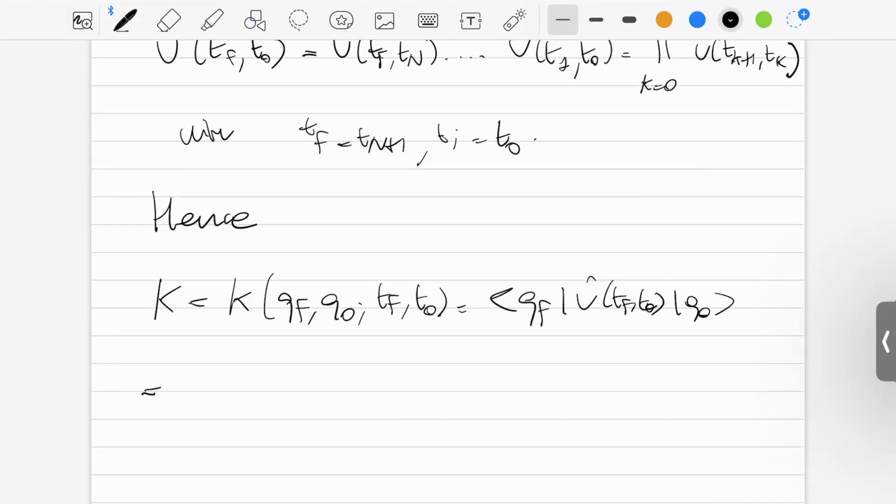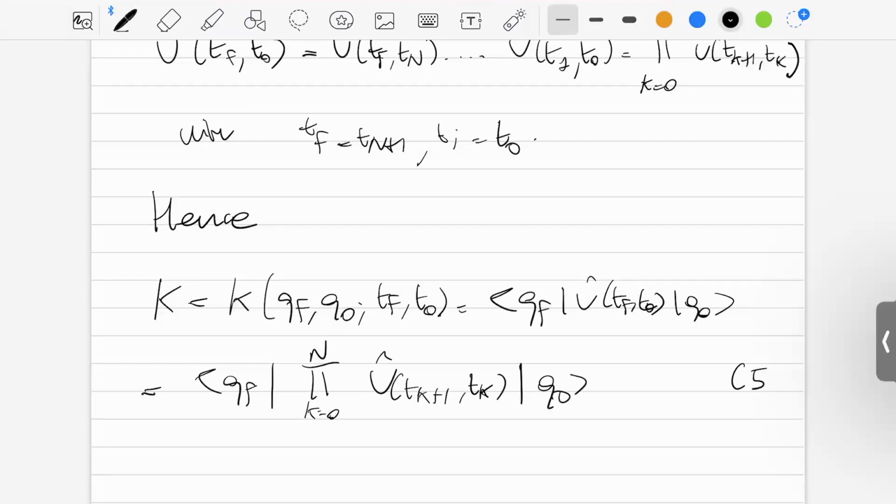But U is just a product, so I can write this as the product over k from 0 to n of U(t_{k+1}, t_k), between qf and q0. This is our starting point.